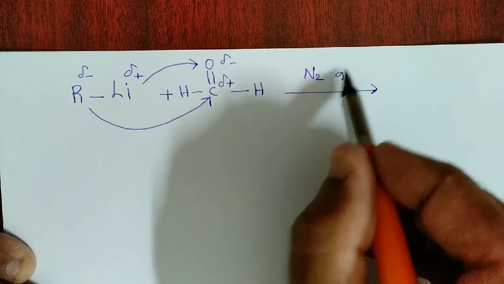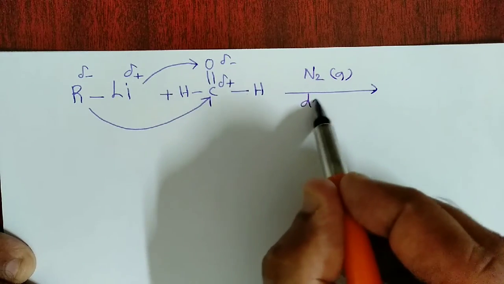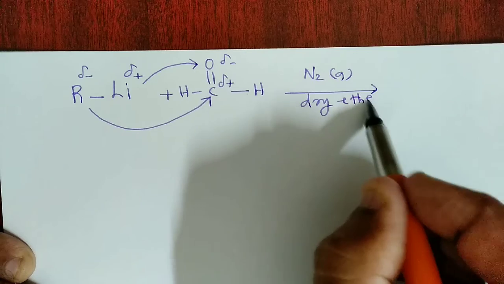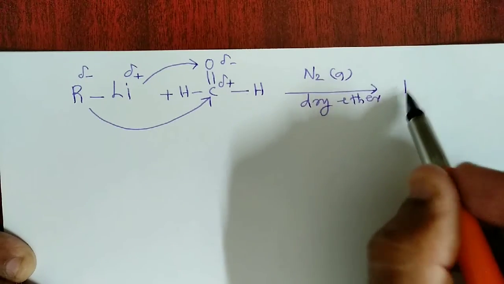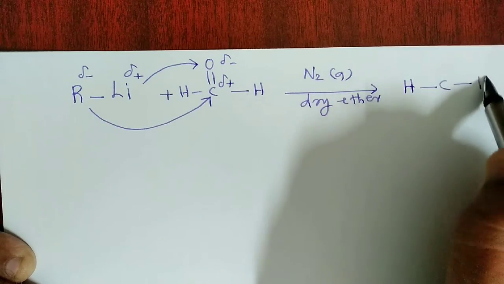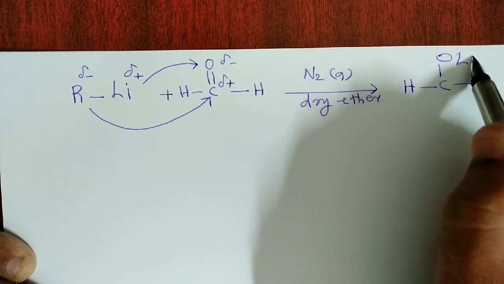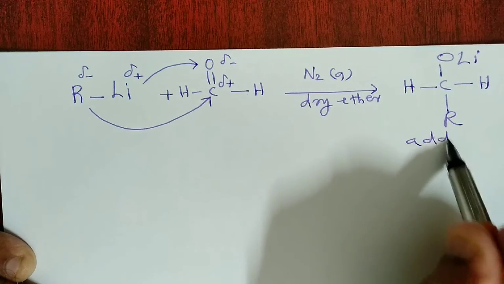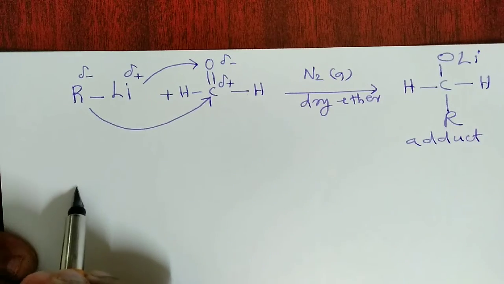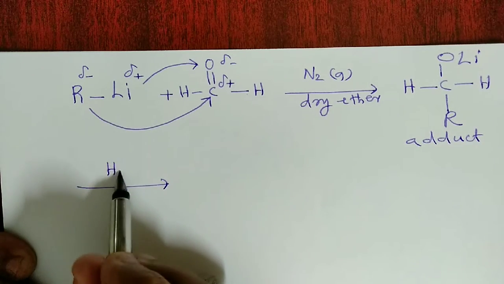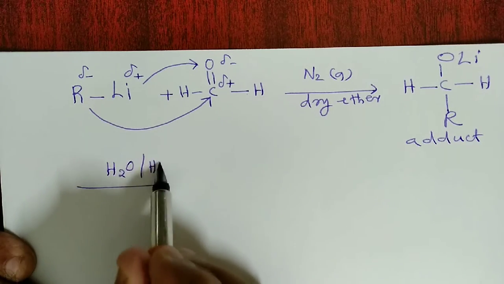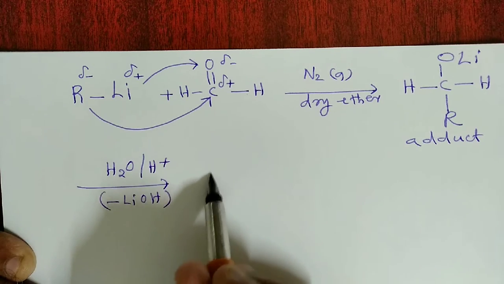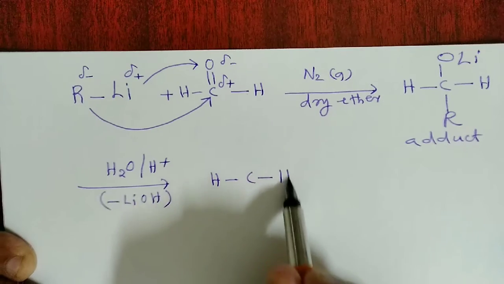This reaction is carried out in an atmosphere of nitrogen in a dry ether or a benzene medium. The addition product is lithium alkoxide. The addition product on hydrolysis in an acid medium gives a primary alcohol.